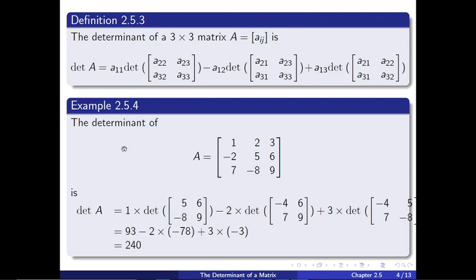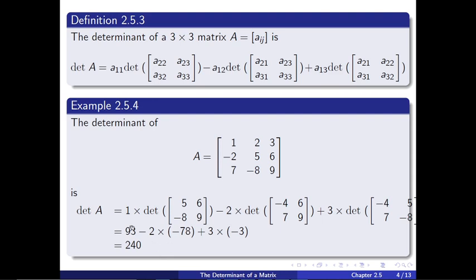So for example, if we look at A, which is this 3 by 3 matrix, we will see that we've got 1 times the determinant of 5 6, 8 9, and then minus 2, so the minus there, and then the 2 is the entry here, times the determinant of 4 6, 7 9, and then plus 3, so the 3 is that one, and then we can say minus the determinant of 4 5, 7 8.